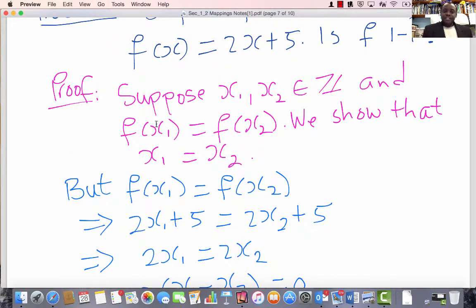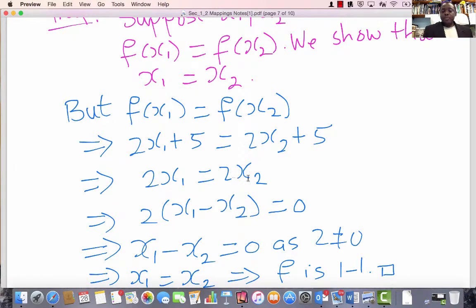So we start. Suppose x1 and x2 are in Z and f of x1 equals f of x2. We show that x1 equals x2. But f of x1 equals f of x2. What does that mean? It means that 2x1 plus 5 equals 2x2 plus 5 because of the definition of f. Add -5 on both sides, that is the additive inverse of 5, we have 2x1 equals 2x2.